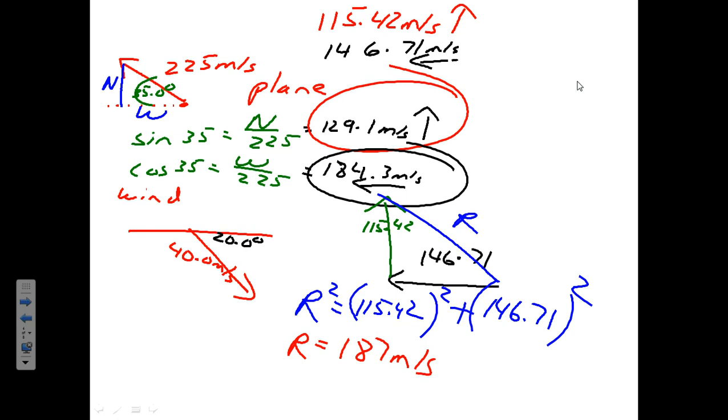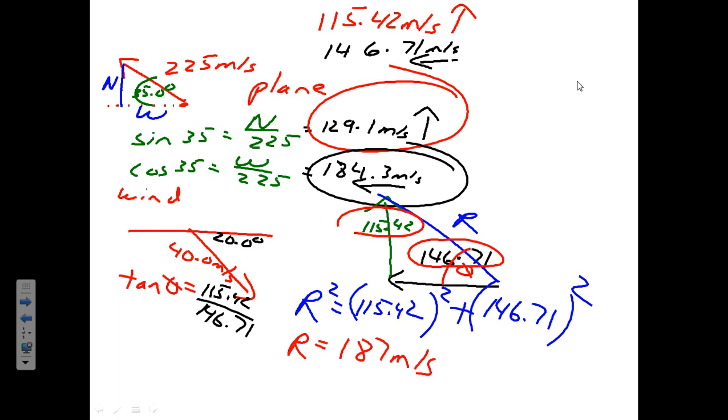And remember, the angle we always want is the smallest angle between our resultant and the horizontal. So that's the angle we're looking for right there. And to find that, if we call that theta, the easiest way to do it would be tangent. So it's opposite over adjacent. So the tangent of theta would equal 115.42 over 146.71.